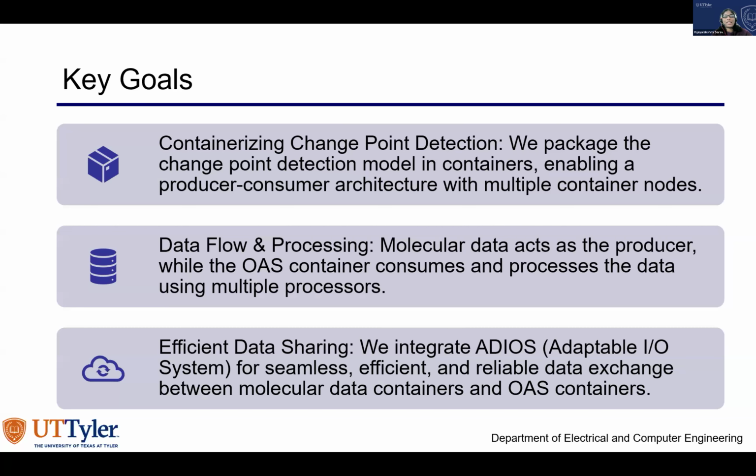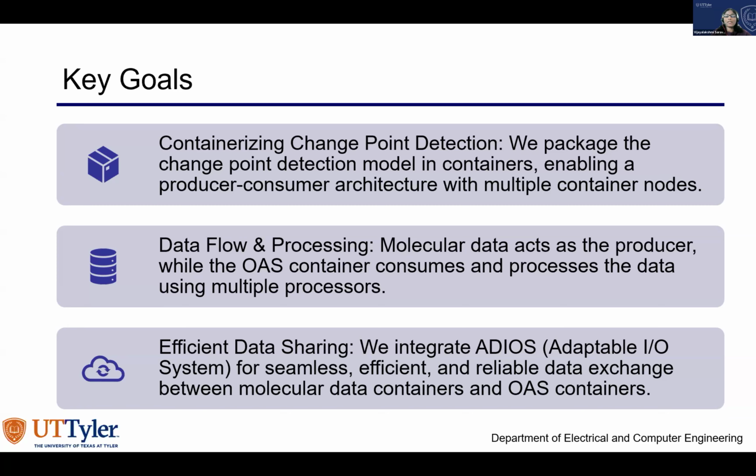The goal of this approach is that we package the change point detection, or any kind of machine learning algorithm or analytics, in one container, which enables a producer and consumer architecture with multiple container nodes.